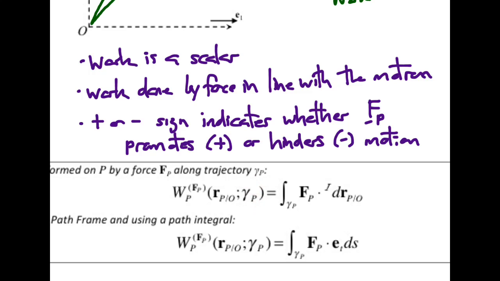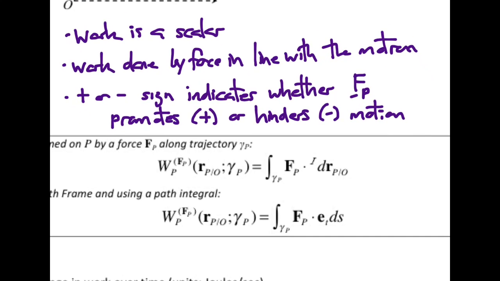And I mentioned earlier that we can put this into the path frame using a path integral. And in the path frame, we have the same left-hand side. So to reiterate, this is the work done on particle P due to the force F sub P, or whatever force it is. And then it's a function of the position vector that's traveling along the path.